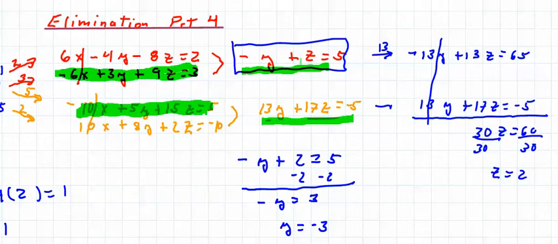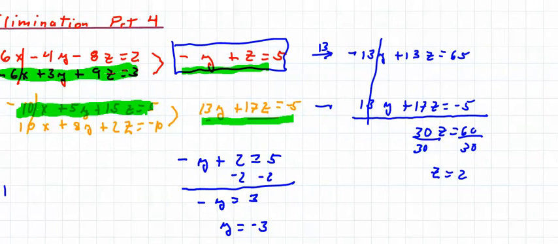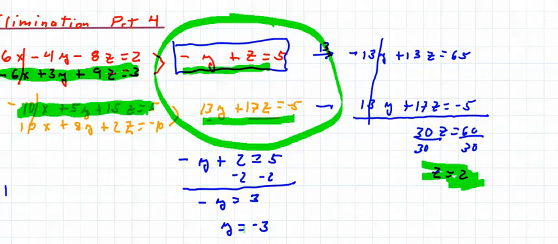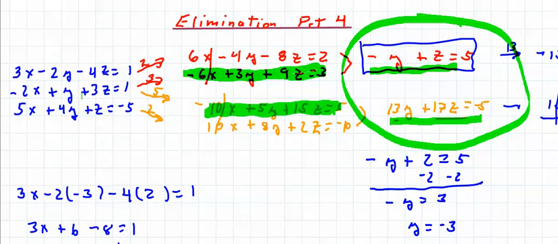And then I solved these two equations using substitution or elimination. In this case, I was using elimination, but it doesn't matter, whatever you prefer. And now we found z, and then just like we've always done, we put it back into one of these two equations, and we find out the other variable y, and then we substitute them both into one of our original equations, whichever one looks the easiest to use.